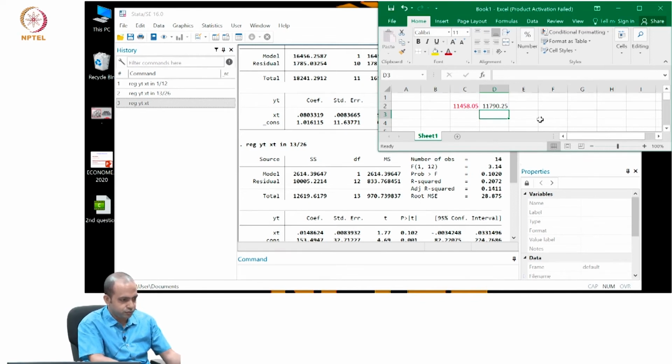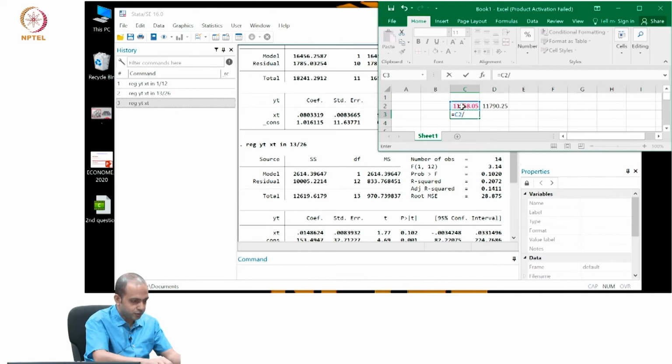So, this would become the numerator, this divided by 2 equals this, and here it is RSS UR, you have to divide by 22.